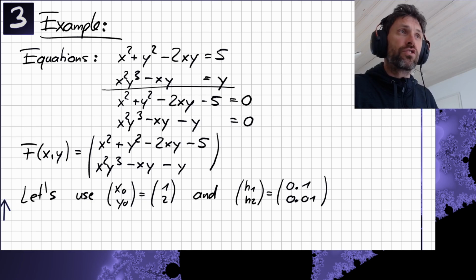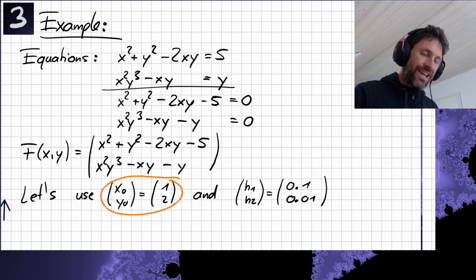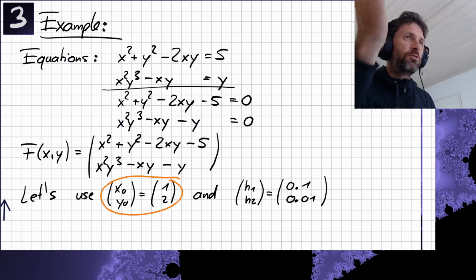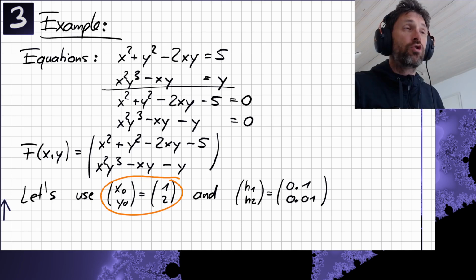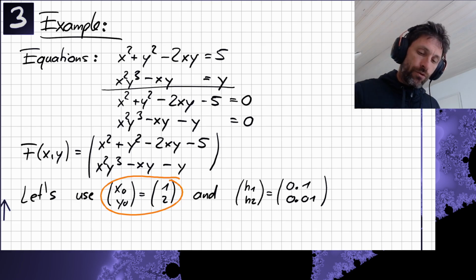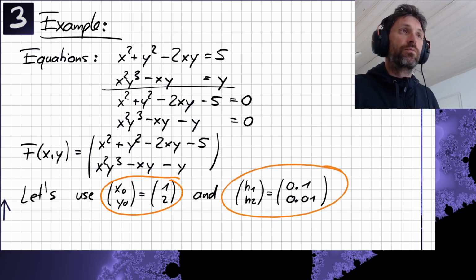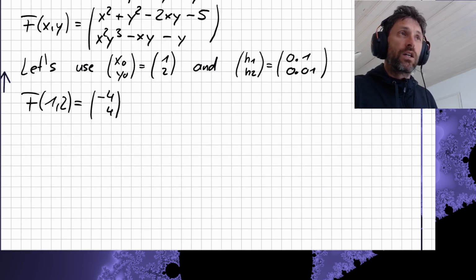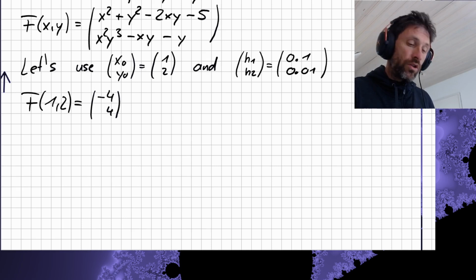Then the user, you, have to provide some initial guess, and let's use (1, 2). Two numbers I did not think too long about. I want to show you an example, so let's take (1, 2), and let's work with h1 being 0.1 and h2 being 0.01. What do we need? We need to evaluate the function at the point (1, 2).